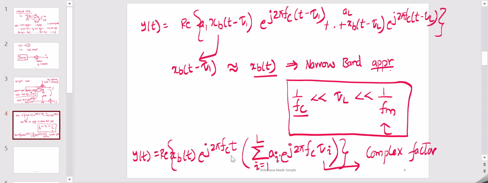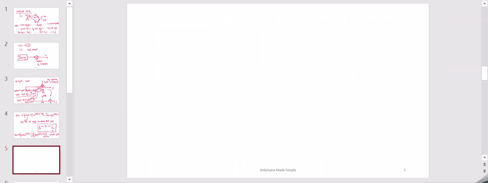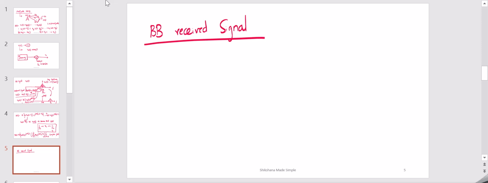So now from this equation, if you want to take out the baseband received signal, how does it look like? So we had y of t is equal to real part of xb of t e to the power of j omega ct.